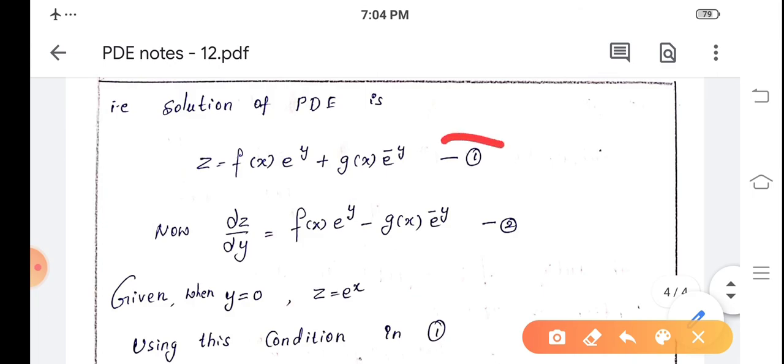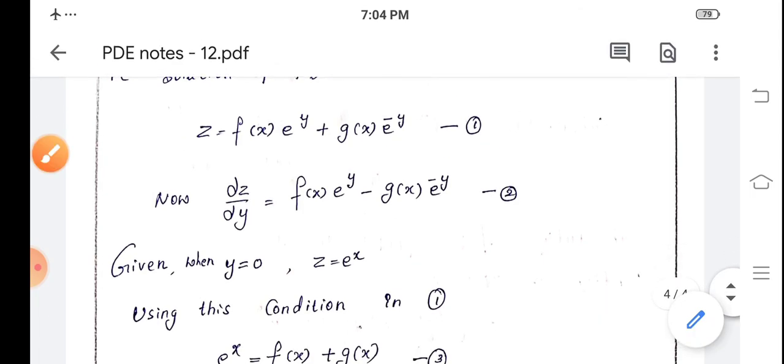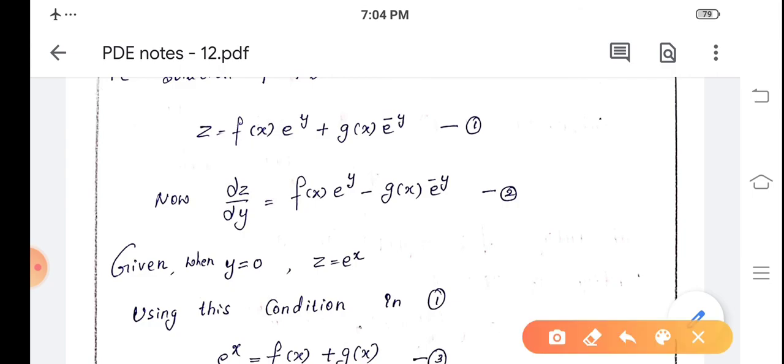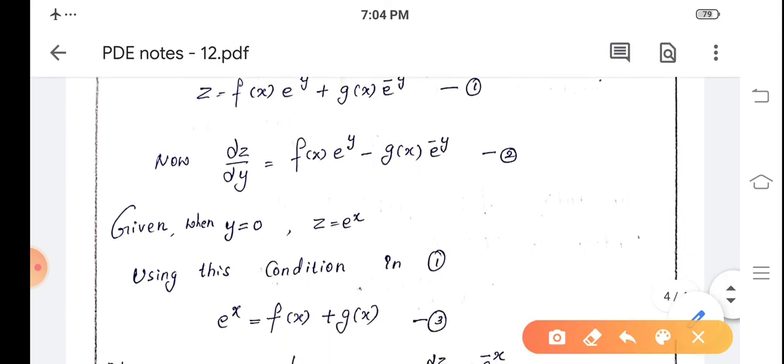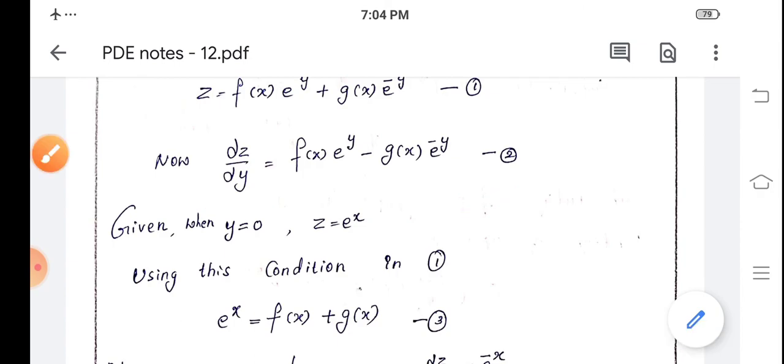So differentiating equation 1 partially with respect to y, we obtain ∂z/∂y equal to: partial derivative of f(x) e^y with respect to y, f(x) is constant, the derivative of e^y is e^y. And for the second term, g(x) is constant, and the derivative of e^(-y) with respect to y is minus e^(-y). So we get ∂z/∂y equal to f(x) e^y minus g(x) e^(-y). Take it as equation number 2.